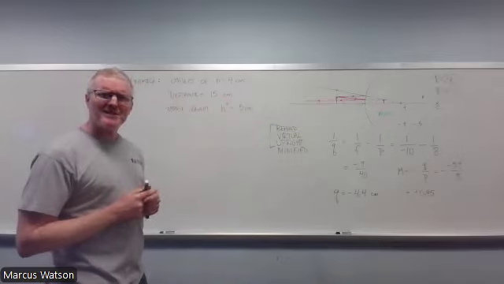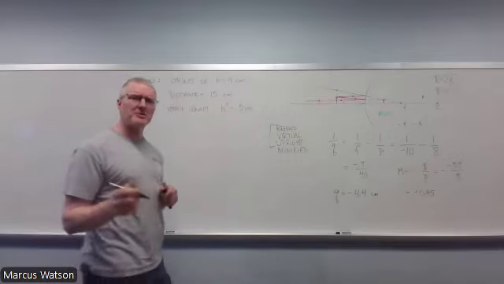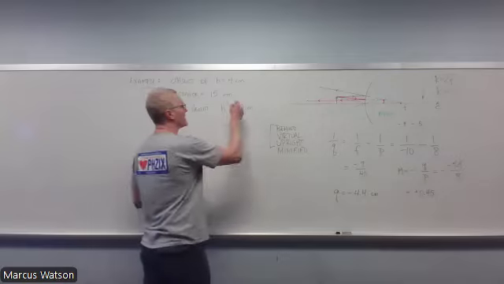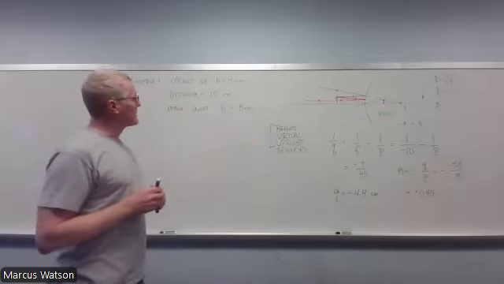And what's weird is it's flipped over. So what does that mean I need to do to my h prime? I'm going to put a minus in front of there. Okay.